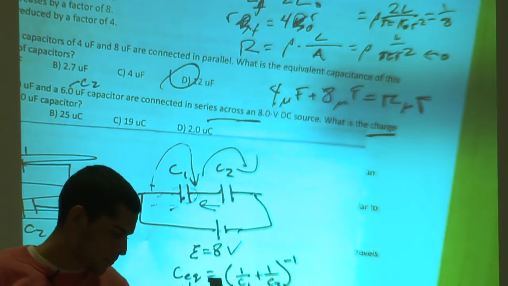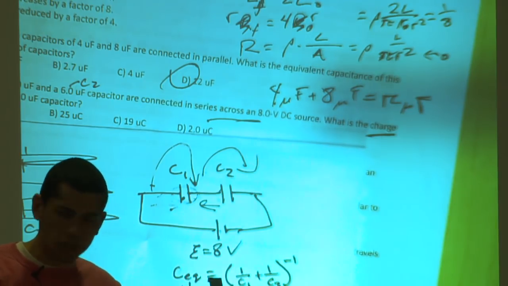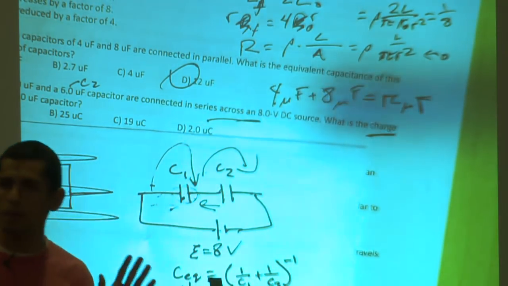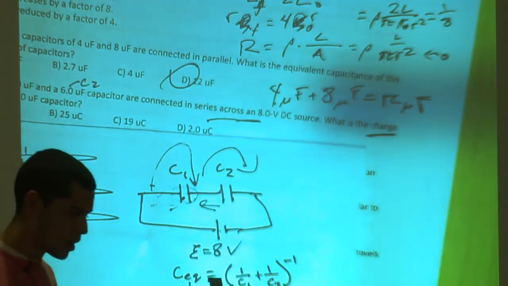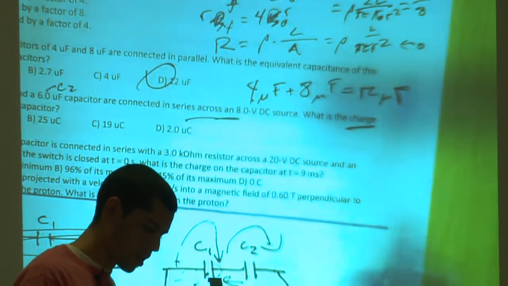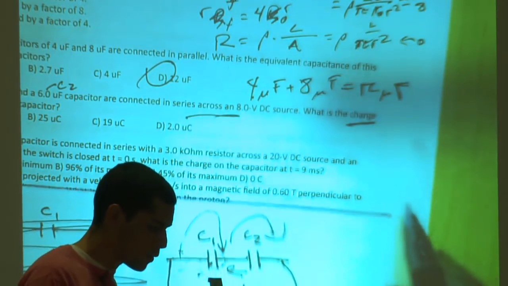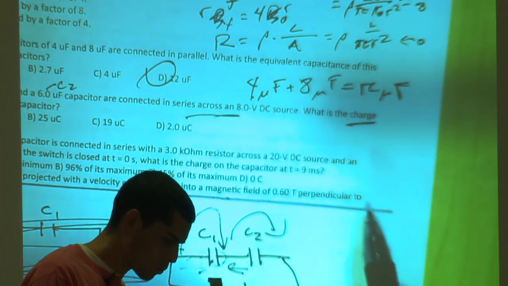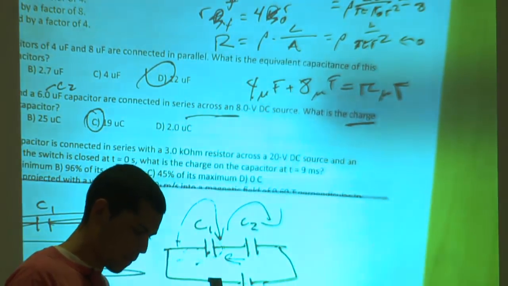So since the charge is the same on both, we don't even need to do anything else. We found the charge for the equivalent one, we break it up, but that charge stays the same on each. If it asks for the potential on both, we'd have to do a little bit more work. But if we work this out, we'd see that our answer would be C, 19 microcoulombs.